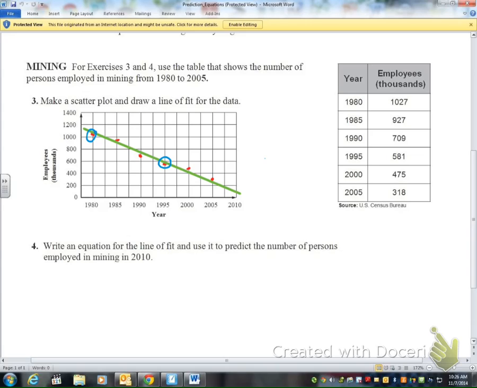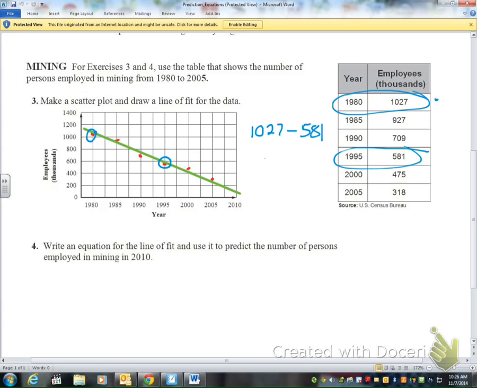Like I said, I picked these 2 points, 1980 and 1995, because they were the ones closest to being on the line from what I could see. So the difference in my y values would be 1027 minus 581, right?